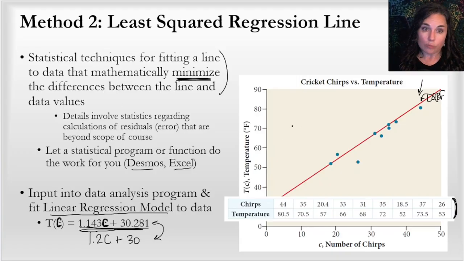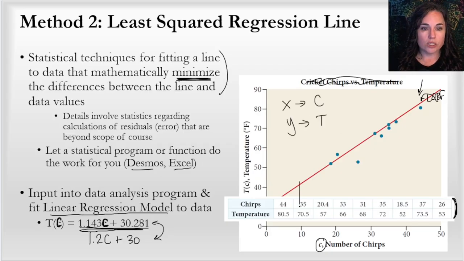When you get output from a computer, they will use the variables x and y, but remember in this situation, you want to clearly designate your input and output variables. So in this situation, our output is the temperature, our input is the number of chirps, C. I guess it's a little c on this one. Maybe that's why I had a little c there.